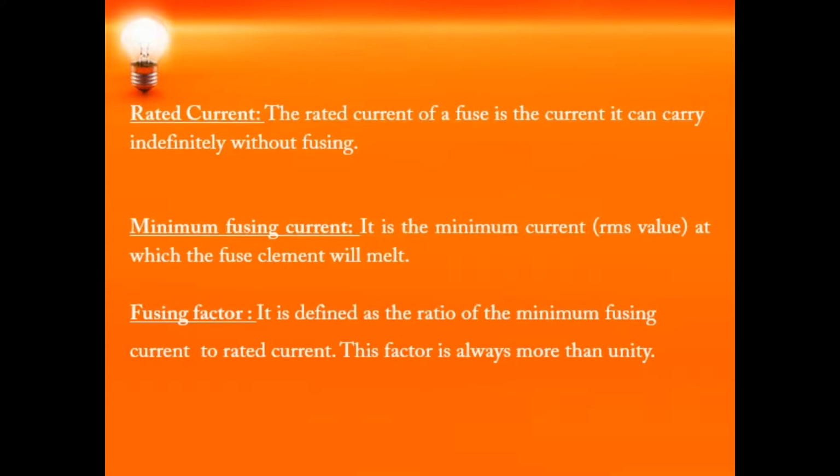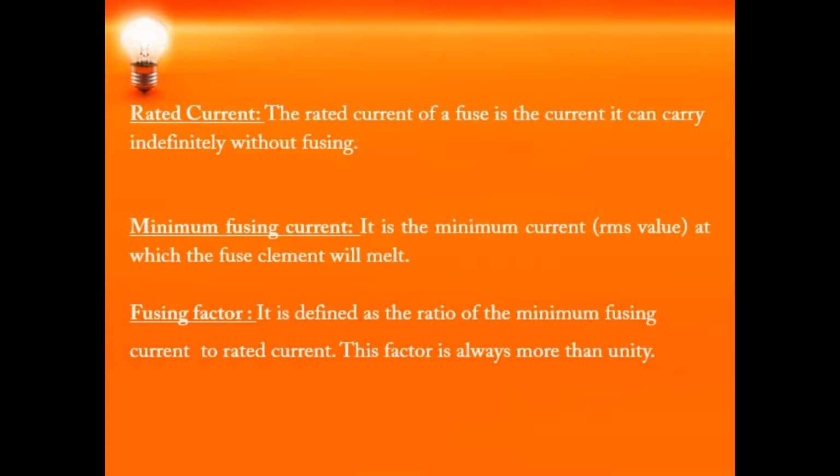Next is when the fuse element is going to melt. Every fuse will have a rated current on it. The rated current will be specified. This rated current is nothing but the current which the fuse can carry safely without any breaking.